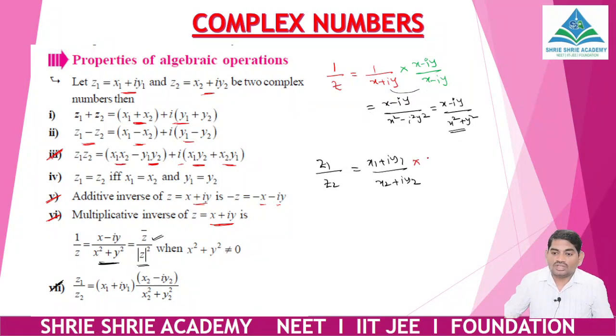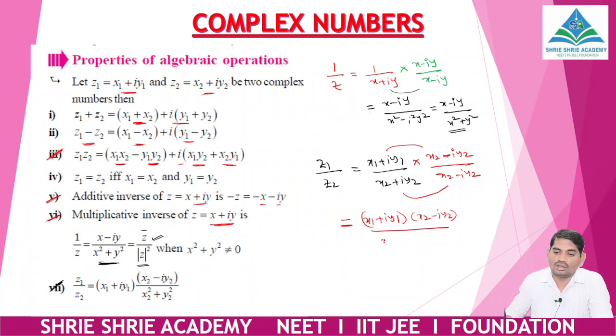We take the conjugate of the denominator, x2 minus iota y2, and multiply both the numerator and denominator by it. The denominator is in the form of a plus b into a minus b. If we simplify this, we get x1 plus iota y1 into x2 minus iota y2 whole divided by x2 square plus y2 square, a plus b into a minus b, which is a square minus b square.